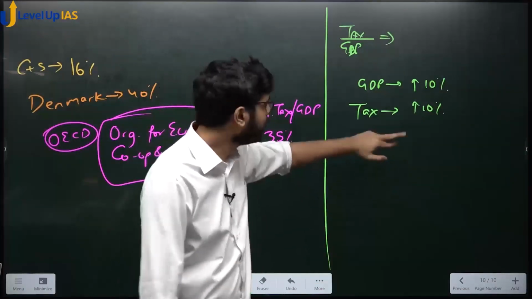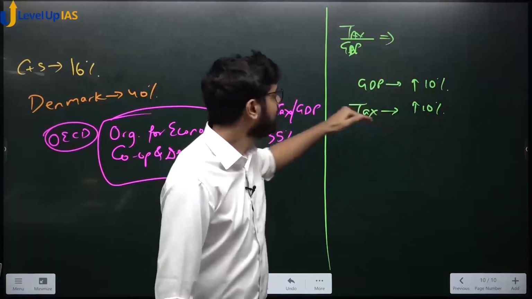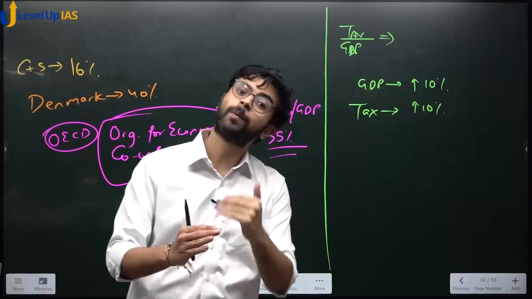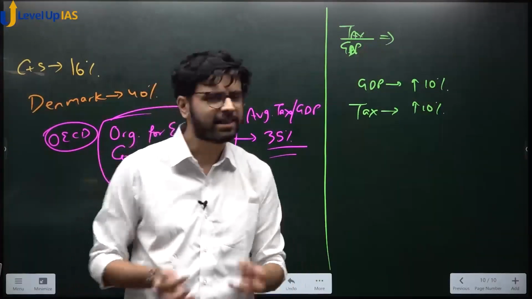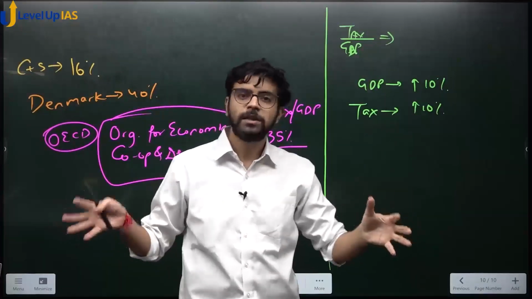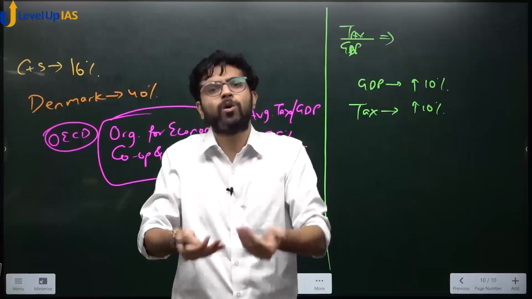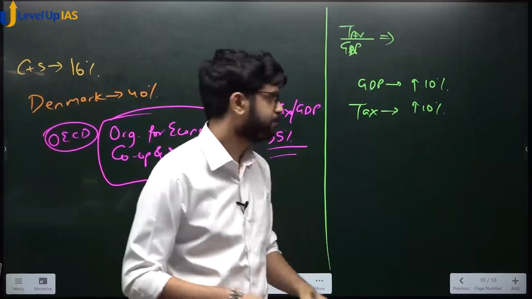Then your tax has also increased by double. So if your GDP is increasing by 10%, tax is also increasing by 10%. Can I say they are increasing in the same proportion? Absolute amounts are different because tax is derived from GDP. Tax is a very small amount, GDP is a big amount. So if GDP increases by 5%, tax increases by 5% of that small amount, then can I say we are in sync? Yes.